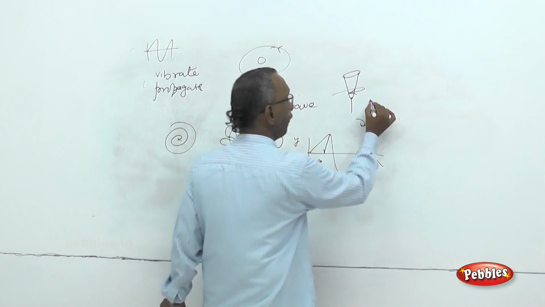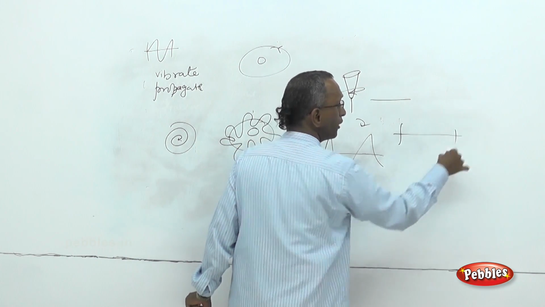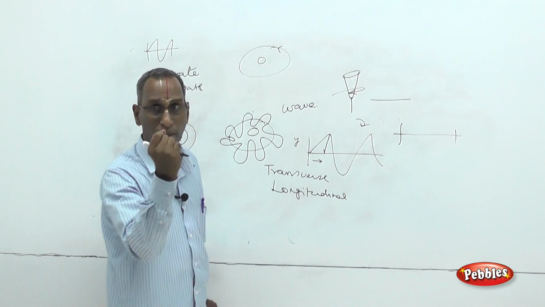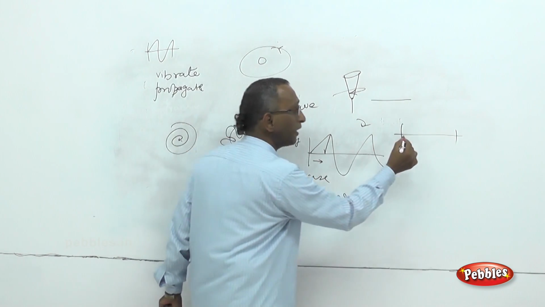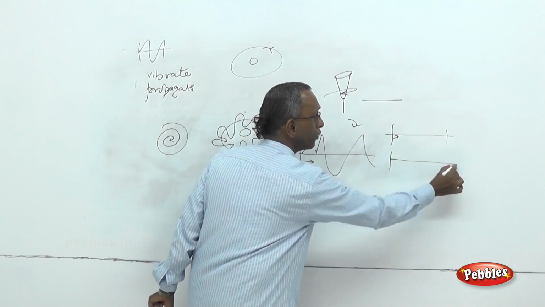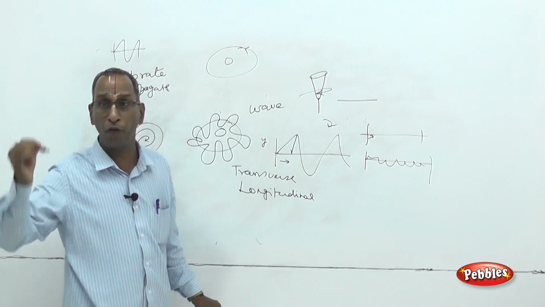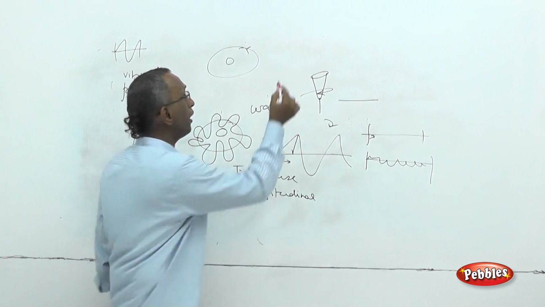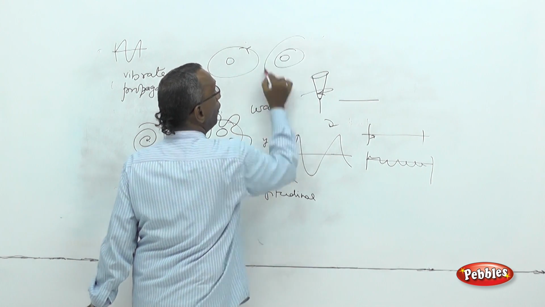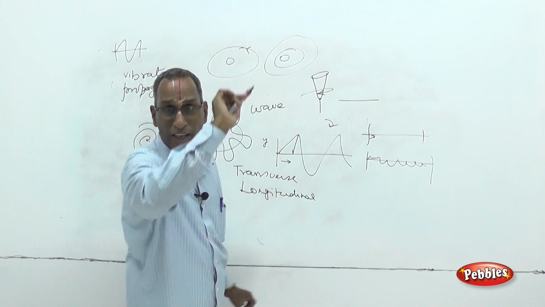If you take the case of a tightly bound string and give it a small tap, it will oscillate in this fashion. Or if you throw a stone into a river, waves will develop in a circular fashion.